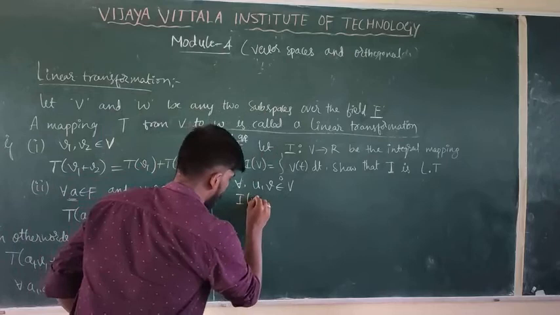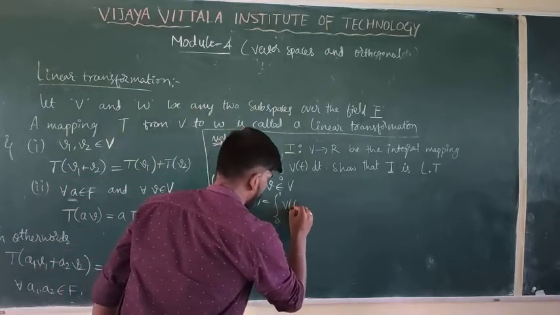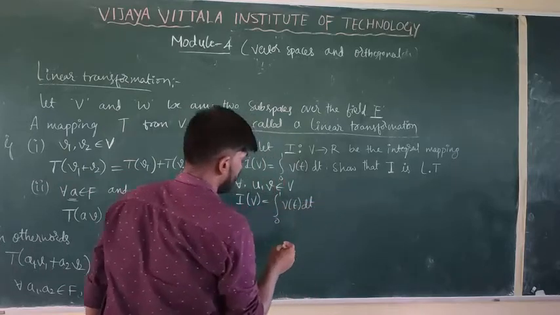I of v is given as the integral from 0 to 1 of v of t dt.